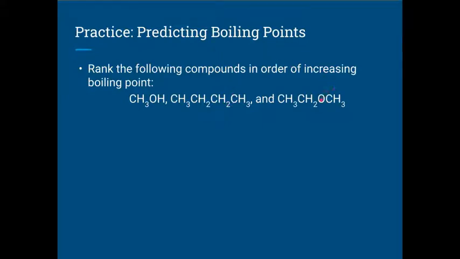And for this last one, this oxygen is actually attached to this carbon and this carbon, so it's not directly bound to the hydrogens. If you need to, you can Google these so you can look at the structures. Okay, so let's take a minute, pause the video, and see if you can rank these in increasing boiling point order.